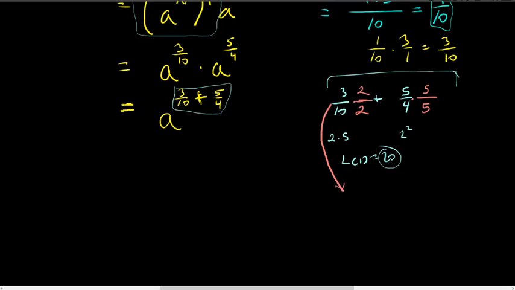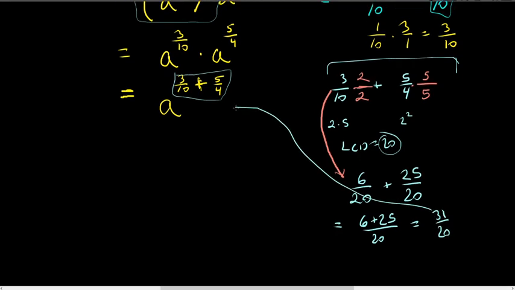So I get 6 over 20, plus 5 times 5 is 25 over 20. And now that we have the same denominator, we just add the 6 plus the 25 all over 20, and that's going to be 31 over 20. That's this exponent here, 31 over 20.